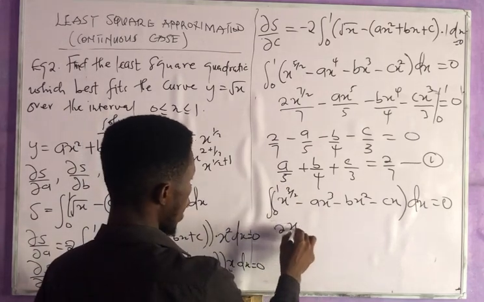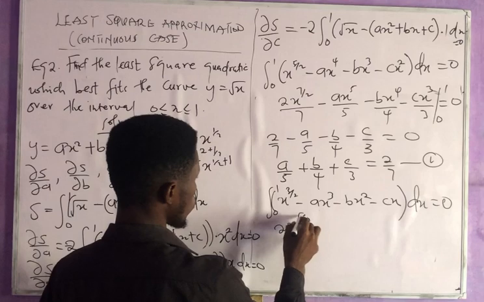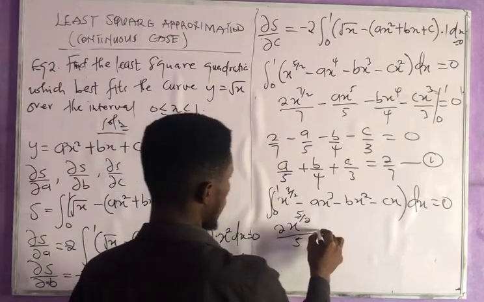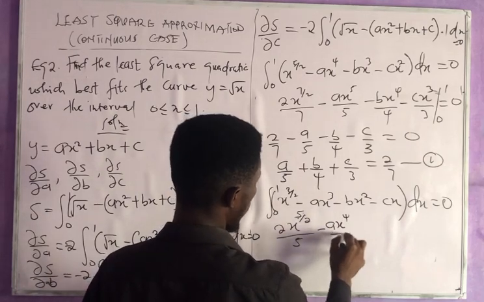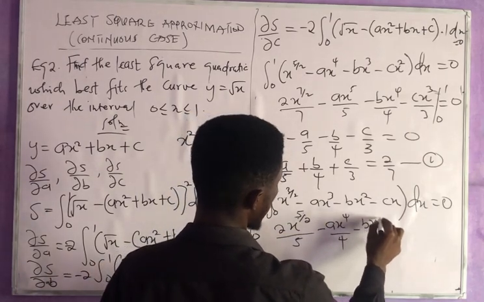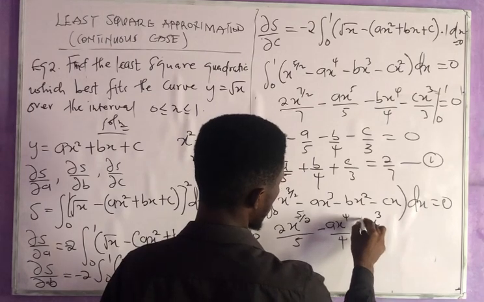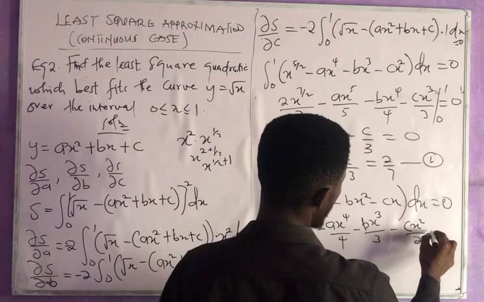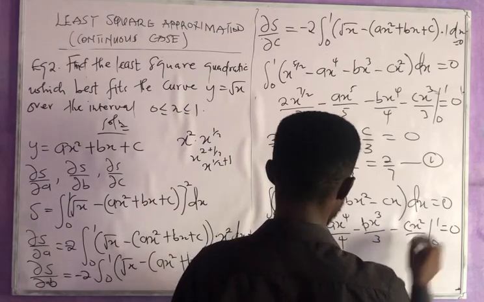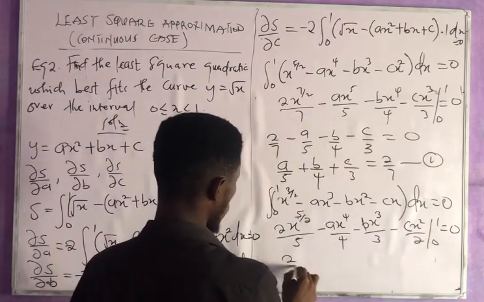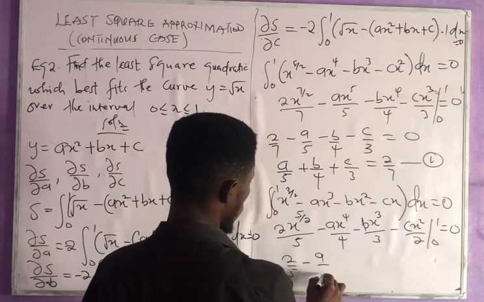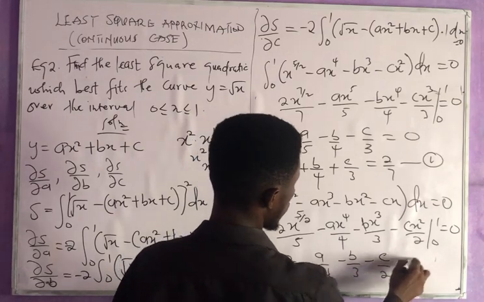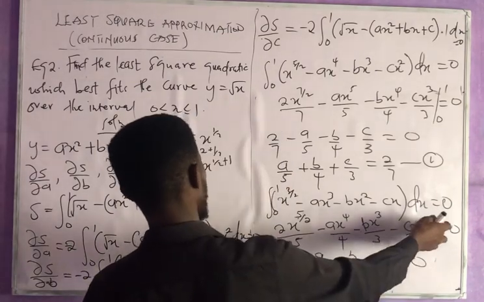So 2x to the power 5 over 2 over 5, minus ax to the power 4 over 4, minus bx to the power 3 over 3, minus cx squared over 2 from 0 to 1 equals 0. So I'm going to have 2 over 5 minus a over 4 minus b over 3 minus c over 2 equal to 0.